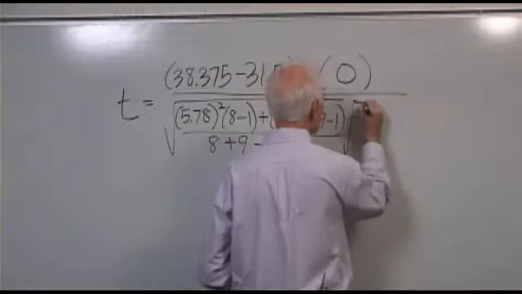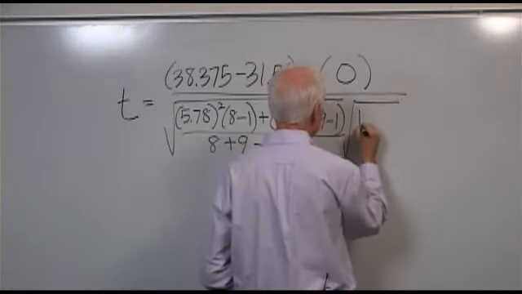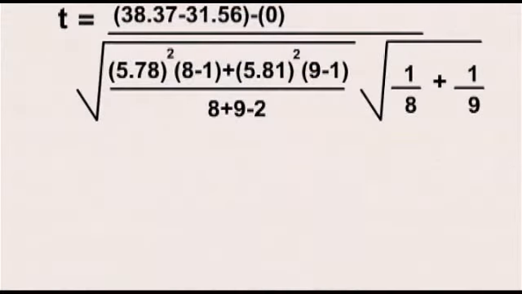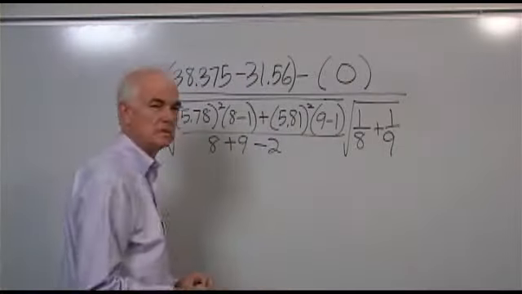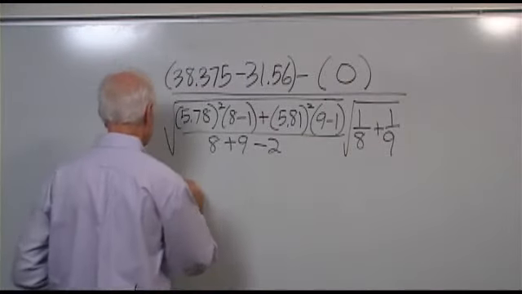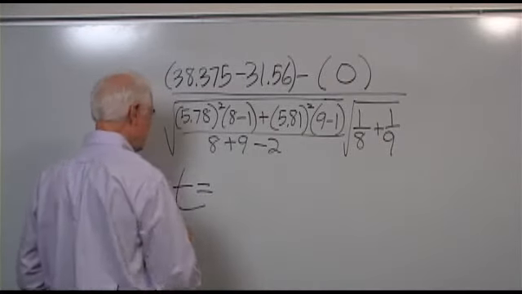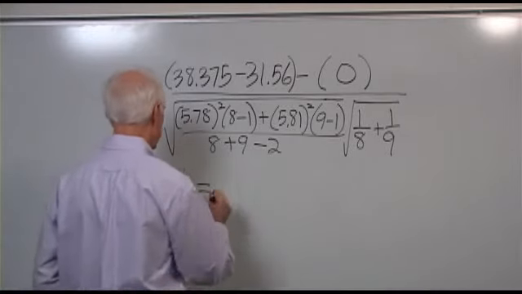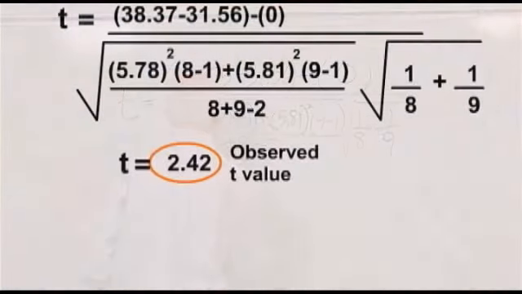And then down here, don't forget this part, we have 1 over n1 plus 1 over n2. When we solve this equation, we come out with an observed t-value of 2.42.